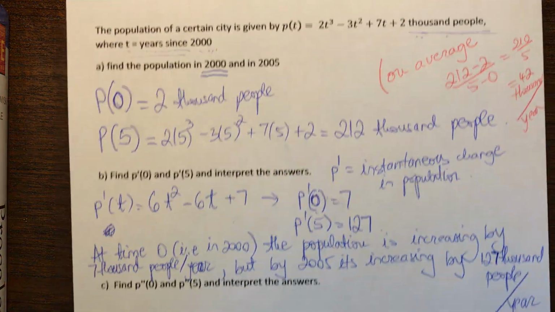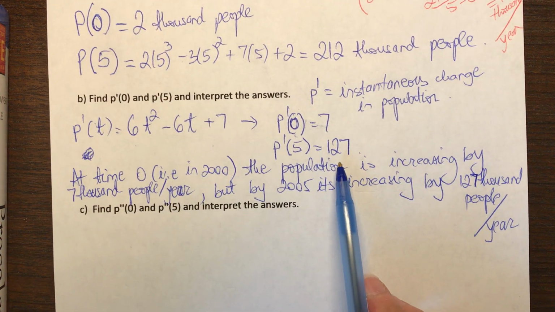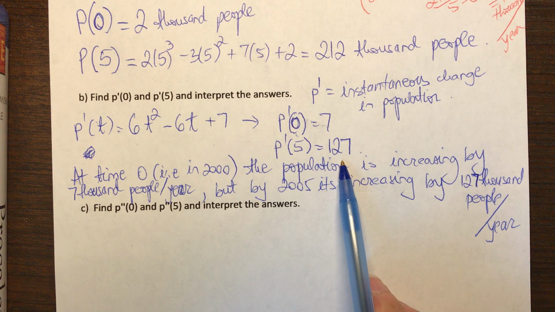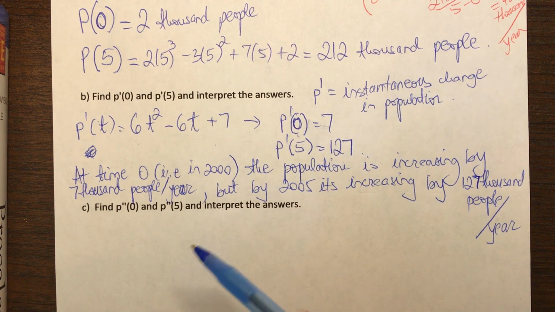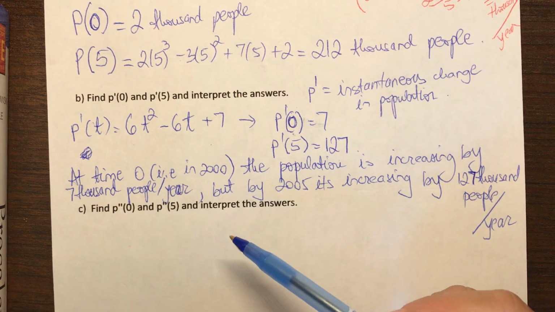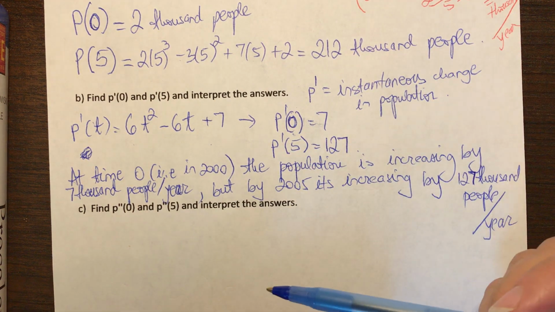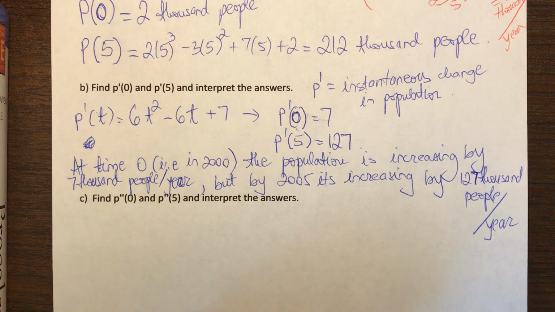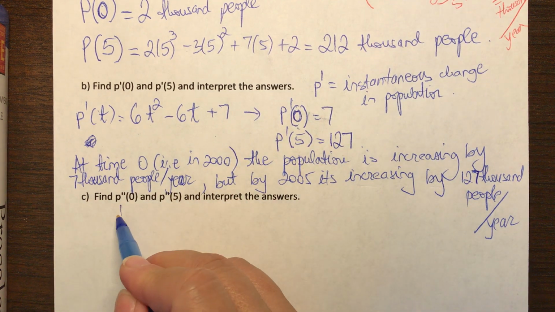Okay, so in the beginning, only 7,000 people per year. By year 5, 120,000 people per year. So as you see, the change in population is accelerating. That means what? The population is growing faster and faster and faster. So that rate of growth is going up and up and up. And that's exactly what these mean.